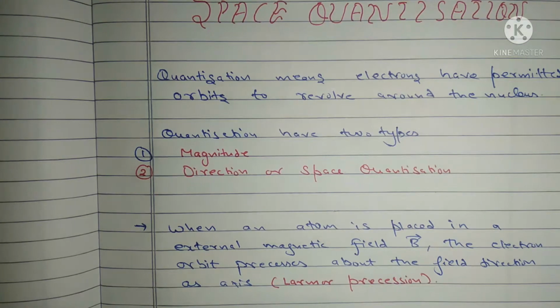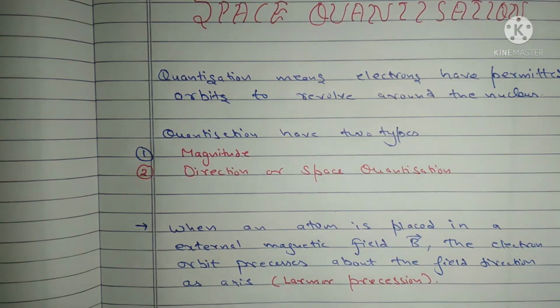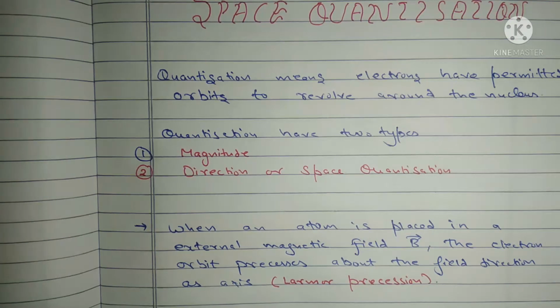As we know, when an atom is placed in a magnetic field, the electron orbit precesses about the field direction as axis. This is called Larmor precession.